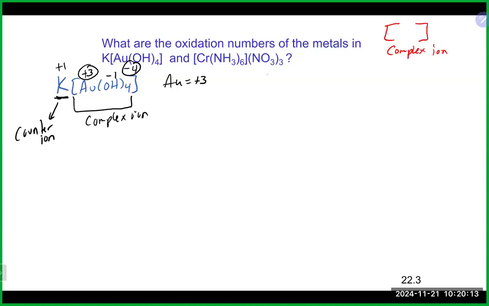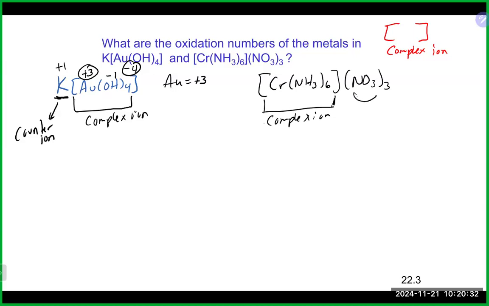Now, if we look at our second one here, we got this. Once again, here in our bracket, there is our complex ion. And that would mean that this guy is our counter ion in this case.